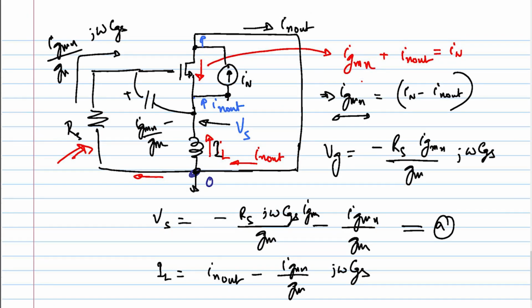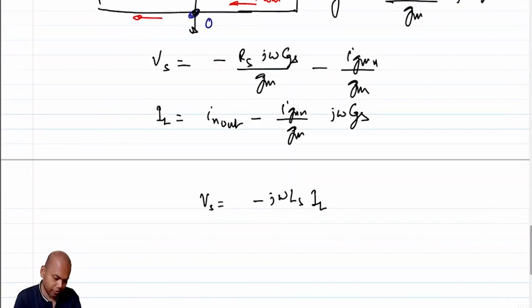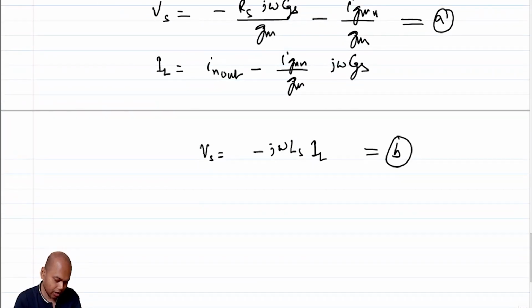So what is Vs from this direction? Your Vs is essentially 0 minus this IL times J omega Ls, right? So basically minus J omega Ls times IL, right? So I will equate this and this. So equating A and B, what do I get?